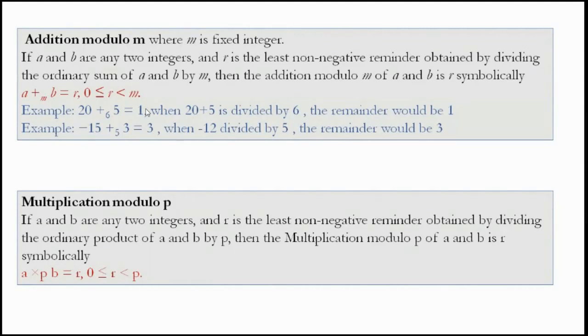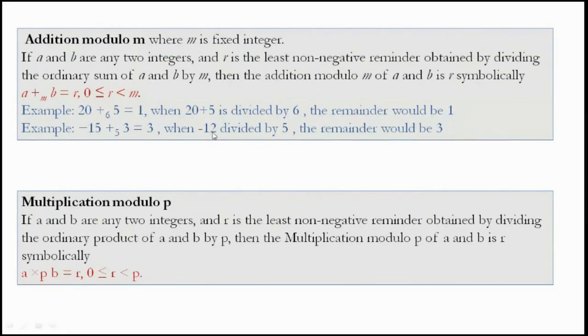So modulo operations must always be within the range of 0 to m only. You cannot directly subtract 12, because 12 is greater than 5. You keep the minus like that only.